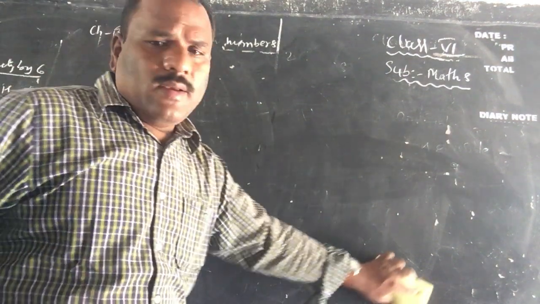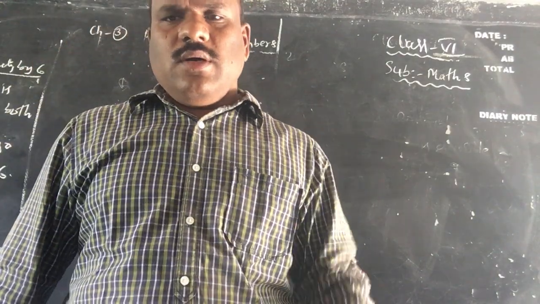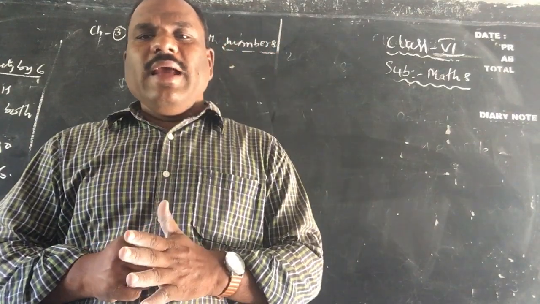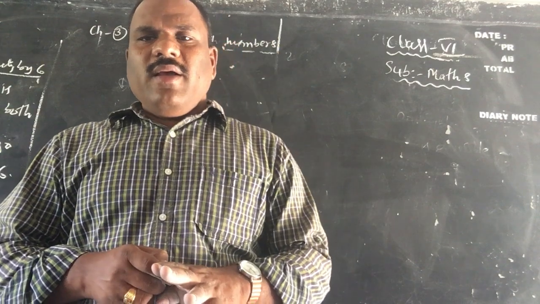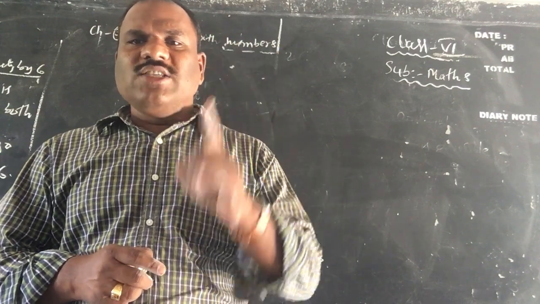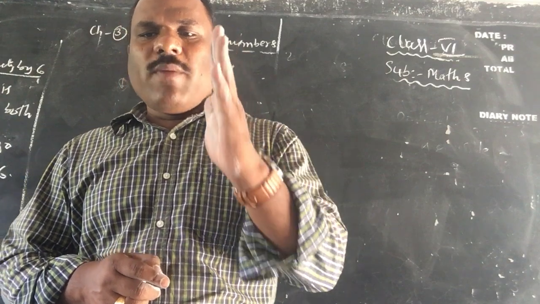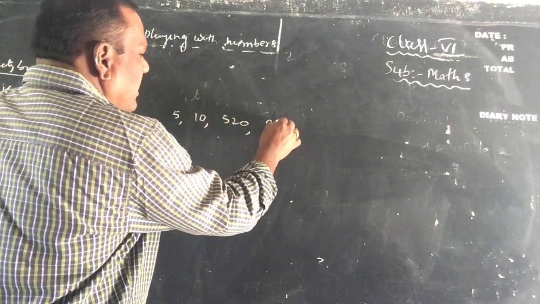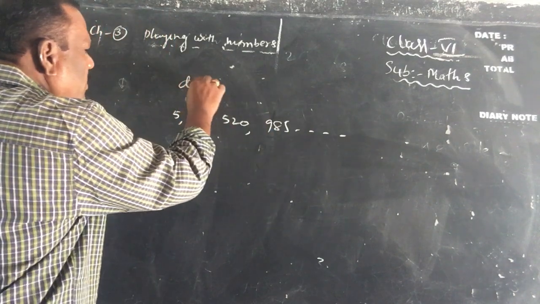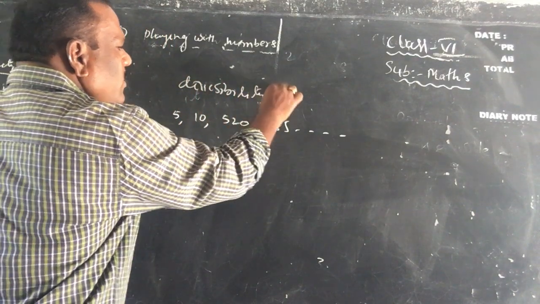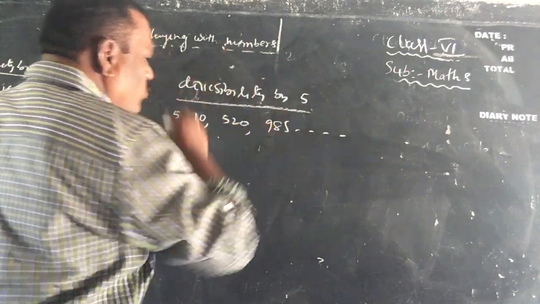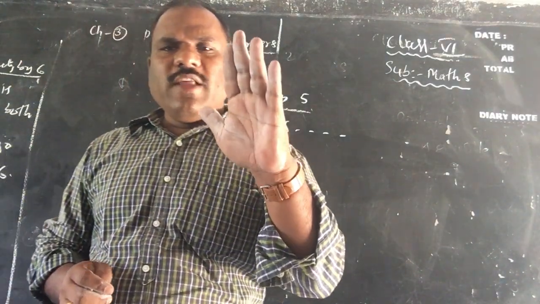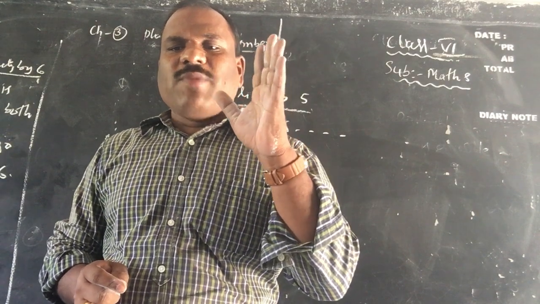Next is divisibility by 5, children. A number is divisible by 5 if it has only the digits 0 or 5 in its ones place.